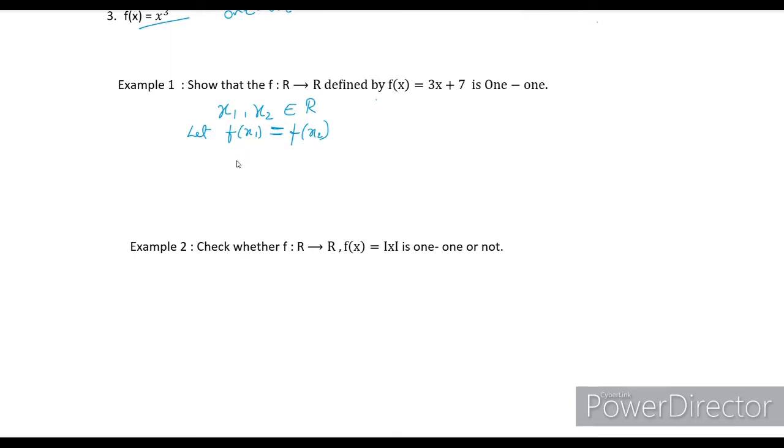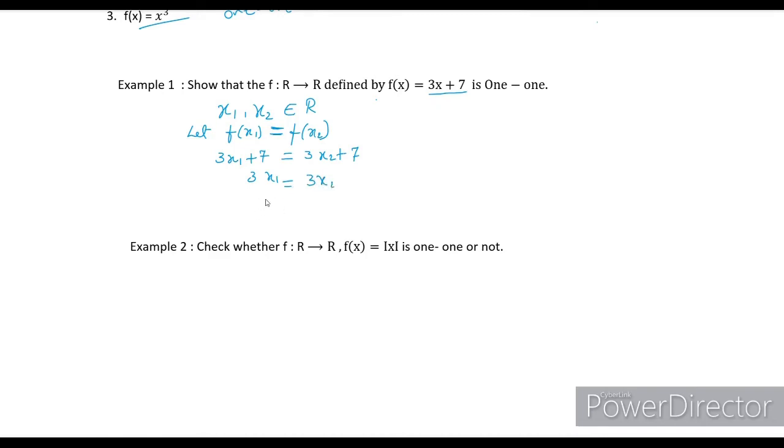So now we apply this x1 and x2 to the given function. How is the function defined? It is 3x plus 7. So wherever you have x, we are writing x1. In this case, wherever we have x, we are writing x2. So this is 3x1 plus 7 and this is 3x2 plus 7. So it is 3x1 equal to 3x2.